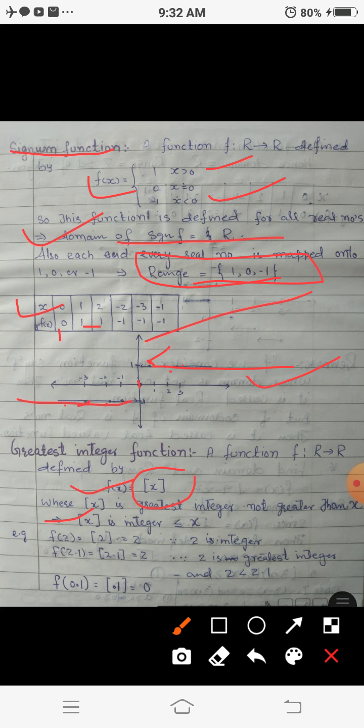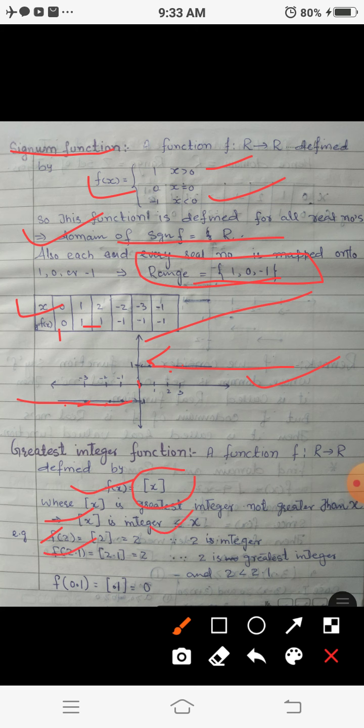What does less than or equal to x mean? If we consider 2, 2 is itself an integer, so the greatest integer of 2 is 2, because the greatest integer of x should not exceed x.